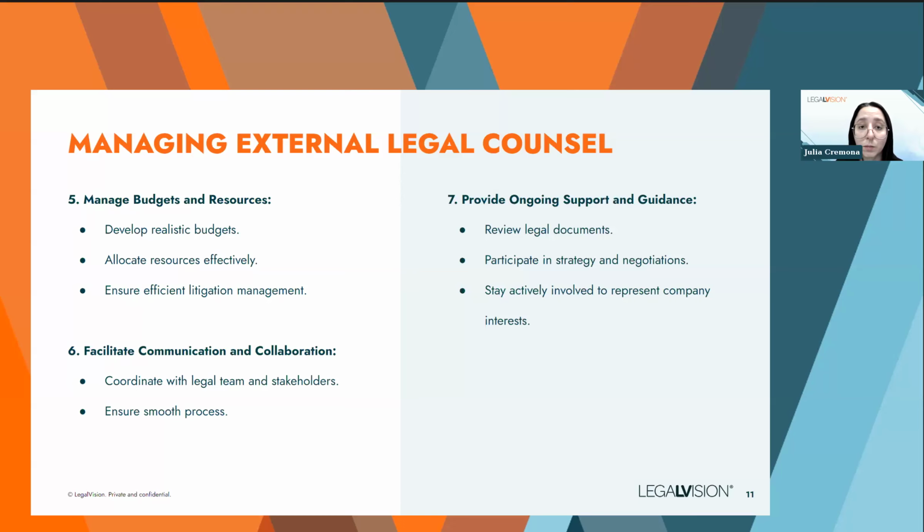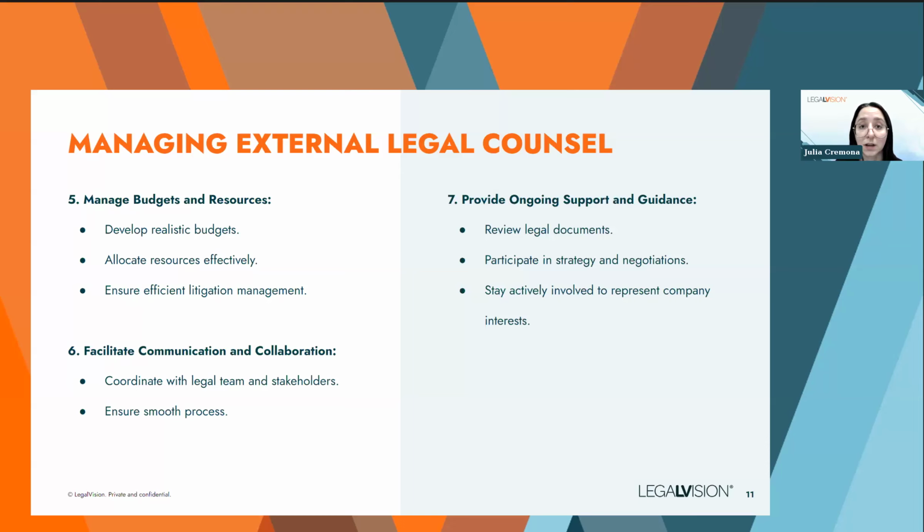And look, one of the most important roles of in-house counsel during this whole process is just providing ongoing support and guidance to external counsel. We found it quite helpful in situations where we've had in-house counsel that are quite involved in the proceedings. A lot of the times this could include reviewing and providing feedback on pleadings.